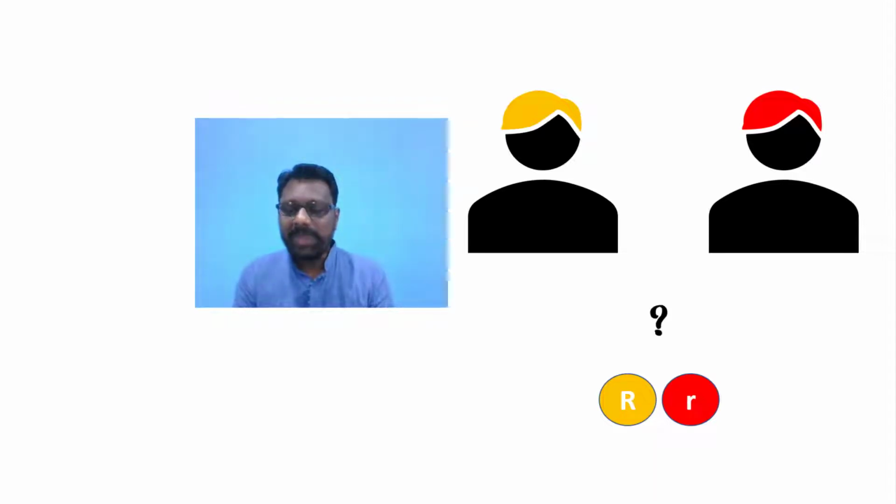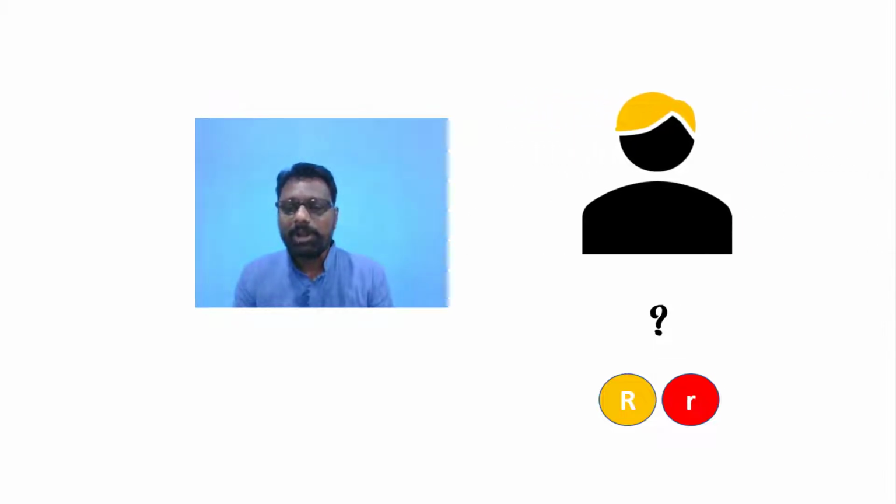It gives a phenotype of non-red hair, because we all know that non-red hair is dominant over red hair, and the non-red hair alleles are capital R, capital R, or capital R, small r. In these two combinations of alleles, it gives the phenotype called non-red hair. Red hair individuals are seen only when their genes carry alleles little r, little r.